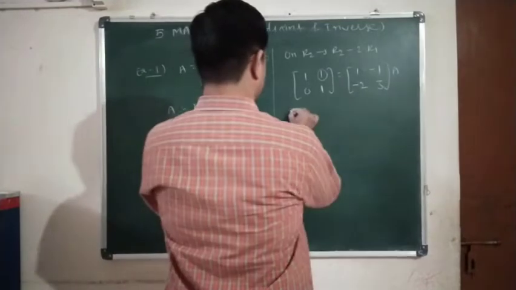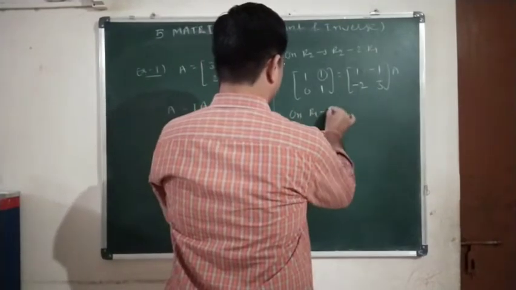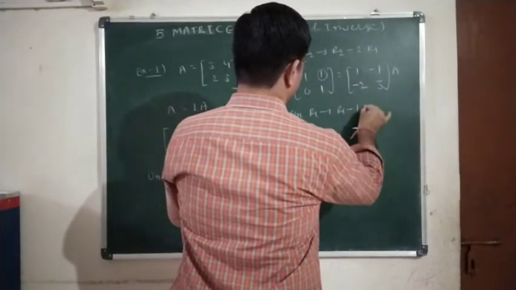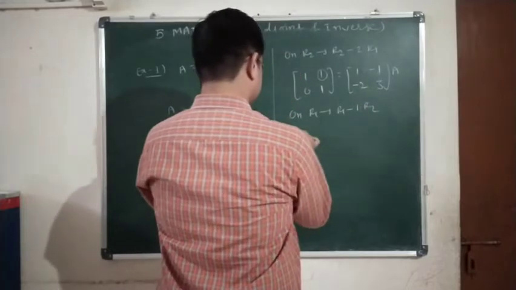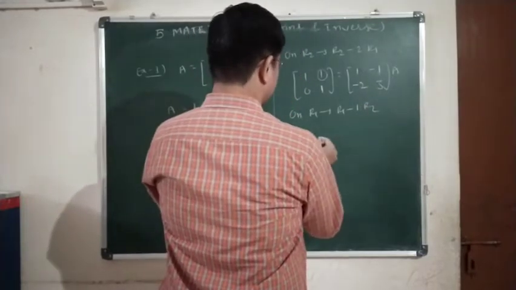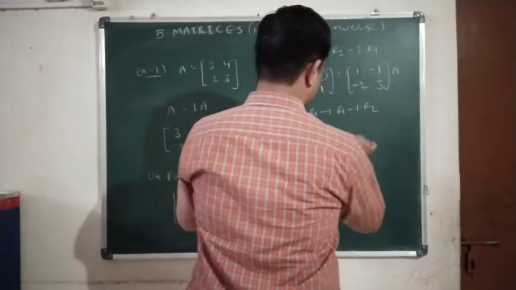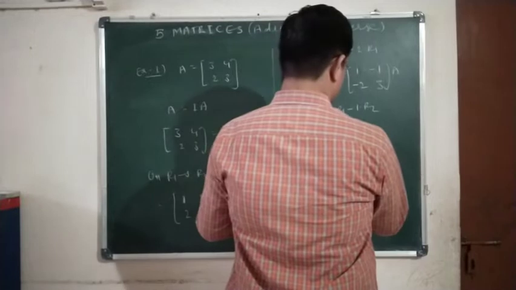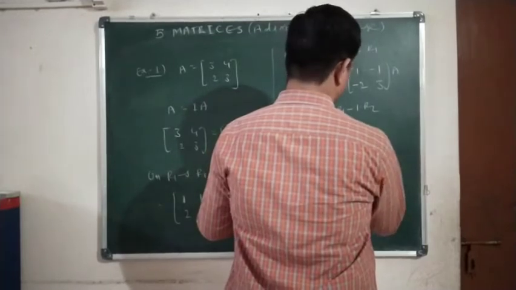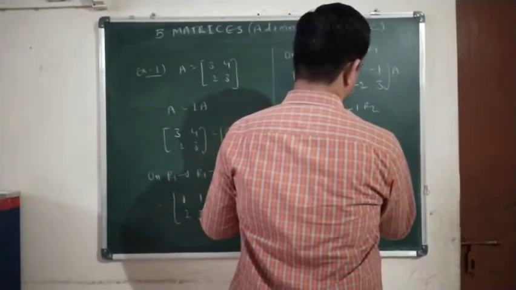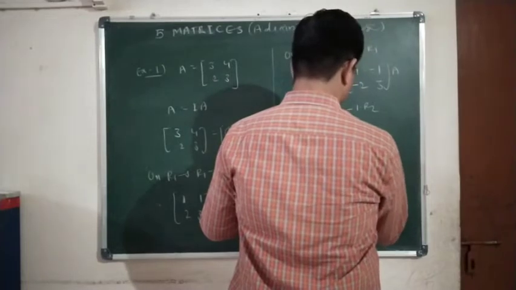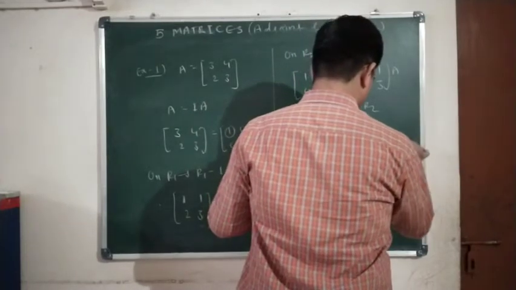So on R1 performing R1 minus 1 into R2, therefore 1 minus 0 is 0. Similarly here 1 plus 2 will be 3, minus 1 minus 3 will be minus 4, minus 2, 3.